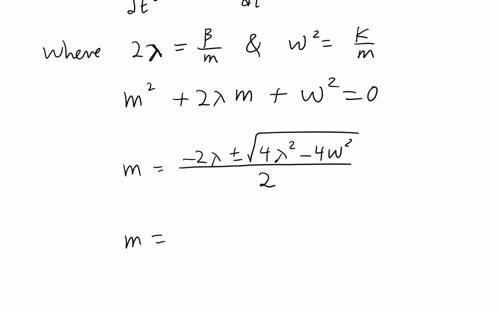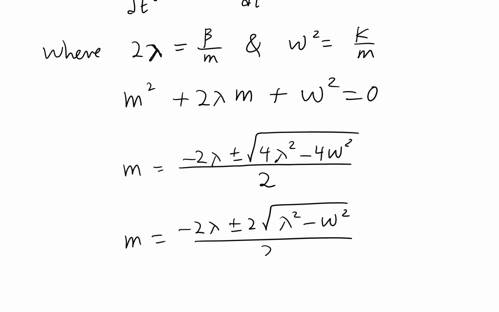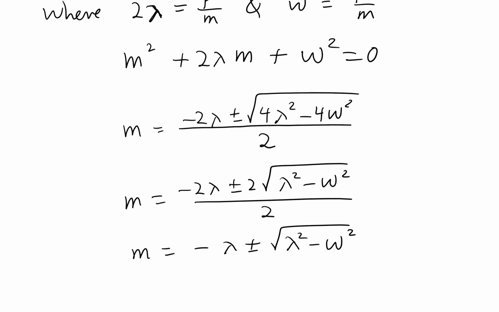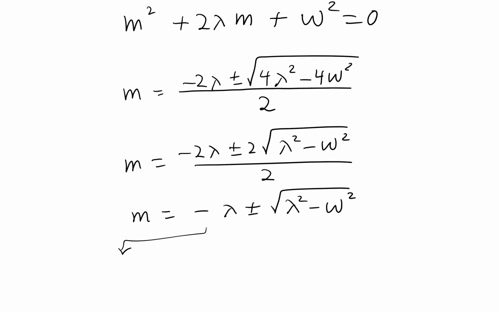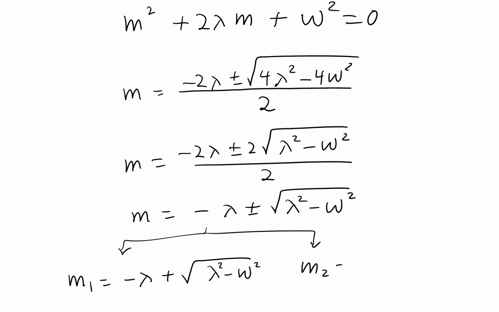We may take a 4 out as a 2 from inside the radical and divide top and bottom by 2. Negative lambda plus or minus the square root of lambda squared minus omega squared. So there are two solutions: m1 equals negative lambda plus the square root of lambda squared minus omega squared, and m2 equals negative lambda minus the square root of lambda squared minus omega squared.